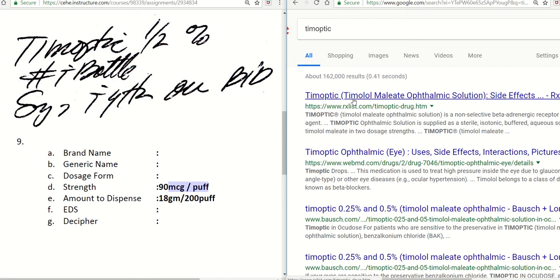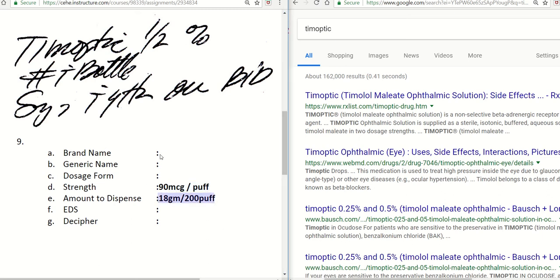Don't worry about the salt. So it's going to be Timolol. The doctor wants half percentage, so 0.5% strength. Yeah, we'll give him 5 mLs. So amount to dispense, we'll give him 5 mLs.